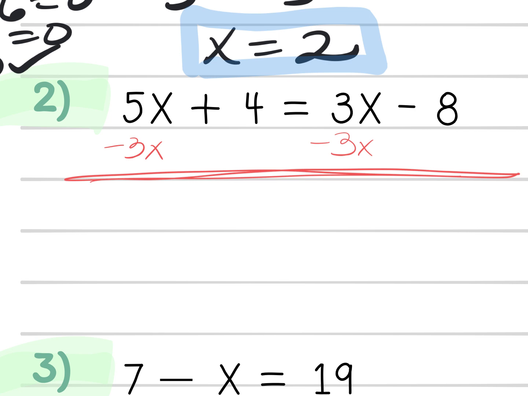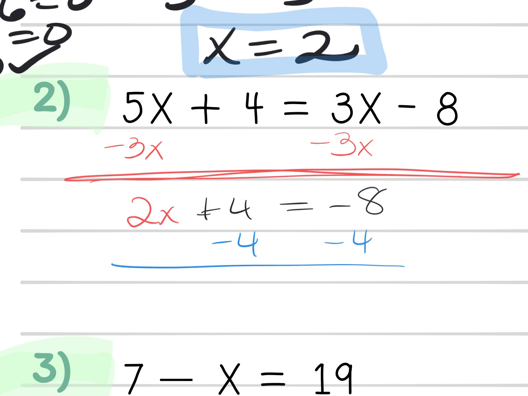And then I'll do 5x minus 3x, drop down the rest of the problem, and now I'll move the constants together. So I will now subtract the 4, and then now I'm left with 2x equals negative 12, and now I divide, and x equals negative 6.